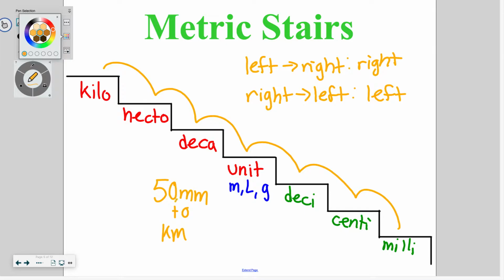So I would move the decimal 1, 2, 3, 4, 5, 6 times. So using those stair steps, it's just moving the decimal left and right, and this is just converting within the metric system.